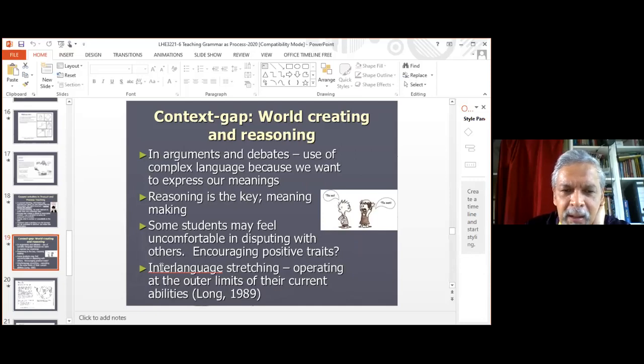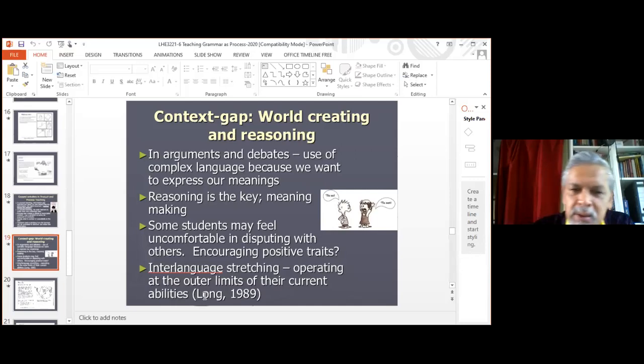And this is once again going back to the issue of interlanguage stretching. You're operating at the outer limits of your current abilities. So we have to challenge our students a little bit, so that they go a little beyond their comfort zone in using the language.